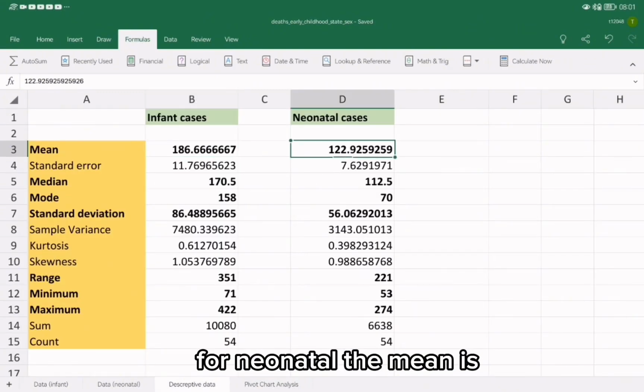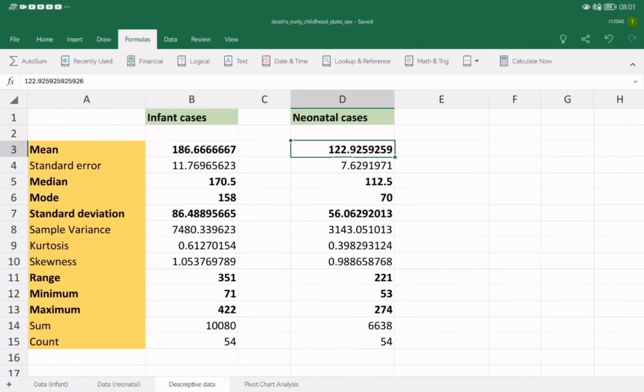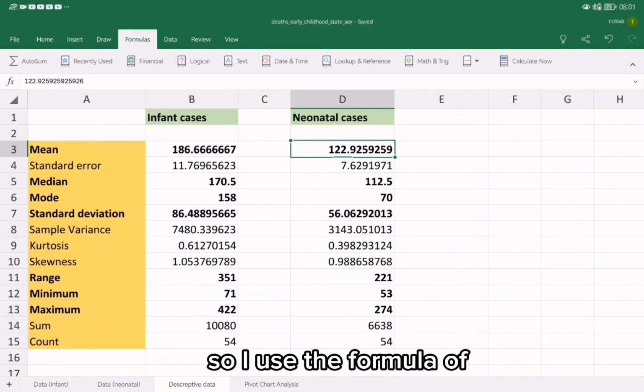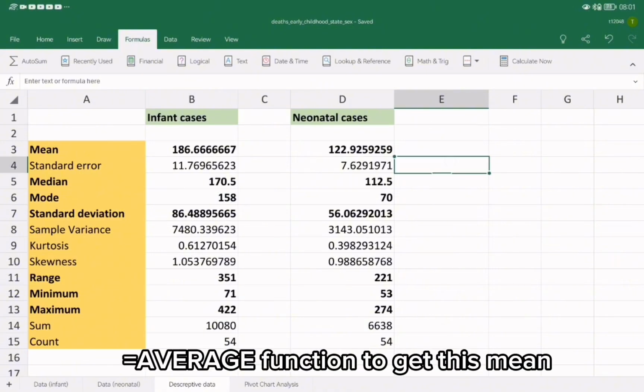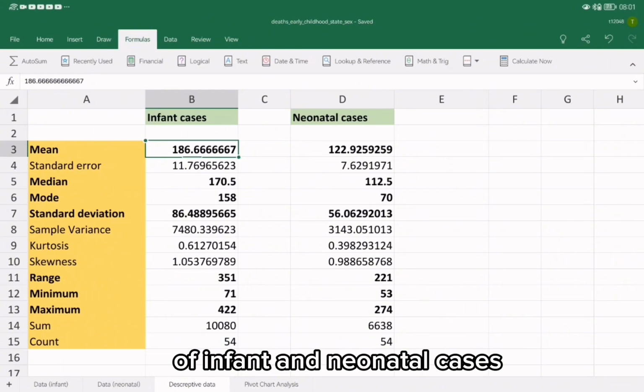For neonatal, the mean is 122.9259259. I use the average function to get the mean of infant and also neonatal cases.